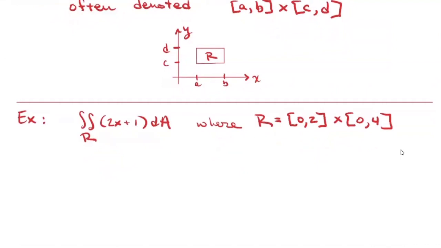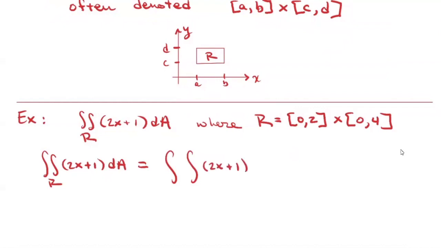Okay, so when you do the double integral of 2x plus 1 dA over R, you can rewrite this as an iterated integral. And it doesn't matter what variable you pick to go first. I can say 2x plus 1 and then do dy and then dx.